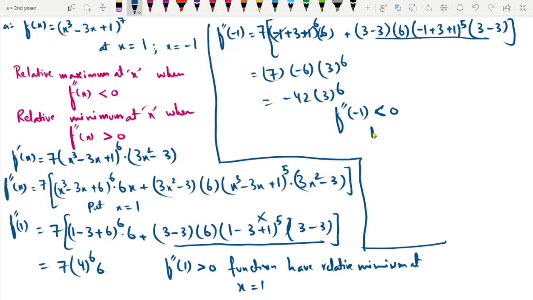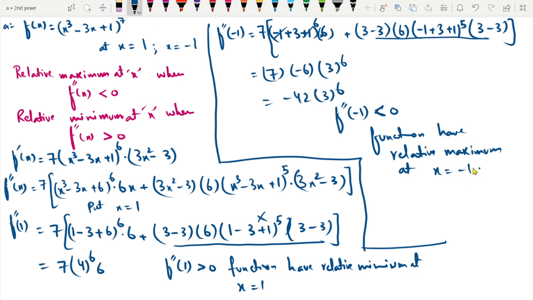So the function has a relative maximum at x equal to minus 1. So this is the answer.